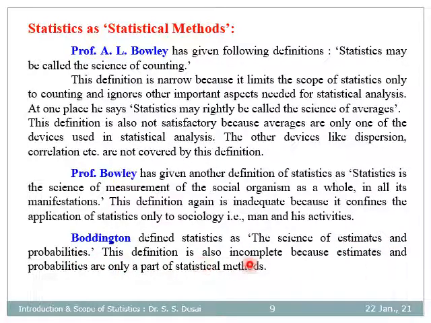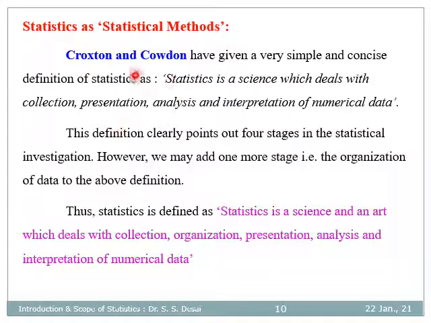This definition is also incomplete because estimates and probabilities are only a part of statistical methods. Croxton and Cowden have given a very simple and concise definition of statistics as, statistics is a science which deals with collection, presentation, analysis, and interpretation of numerical data.